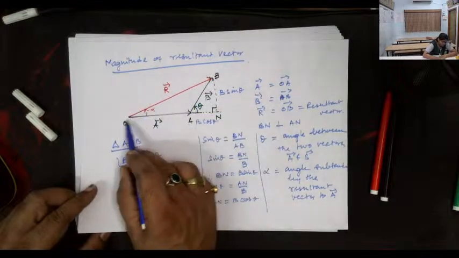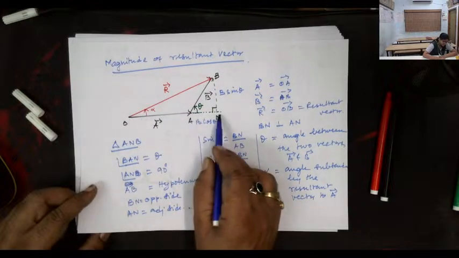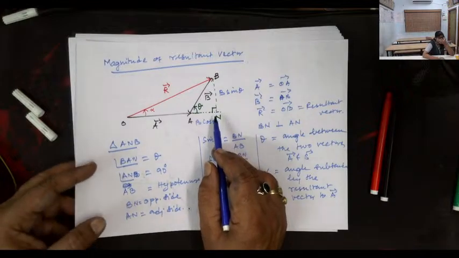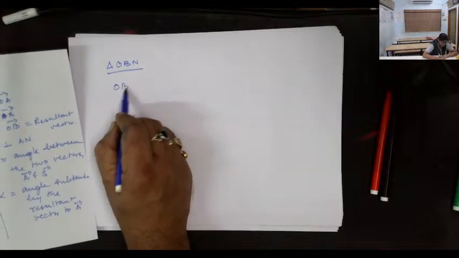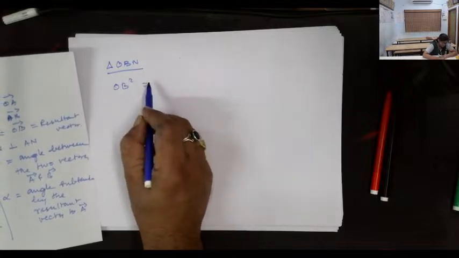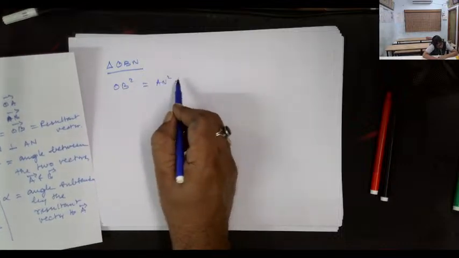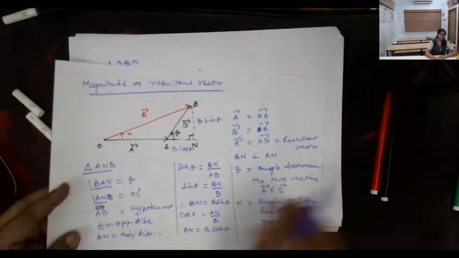Therefore, OB squared is equal to ON squared plus BN squared according to Pythagoras theorem, right? Therefore, OB squared is equal to AN squared plus BN squared. Is it clear?